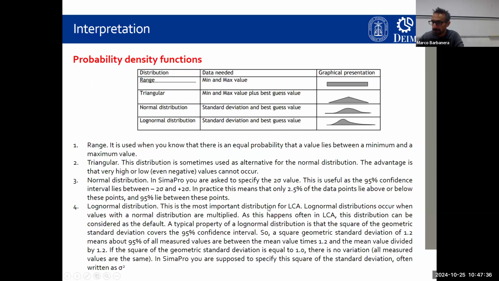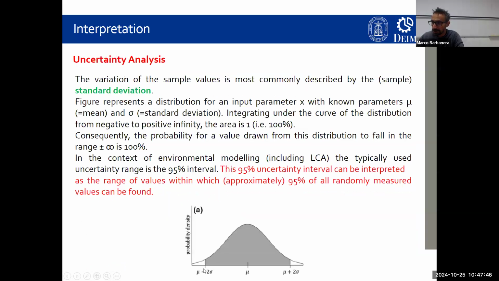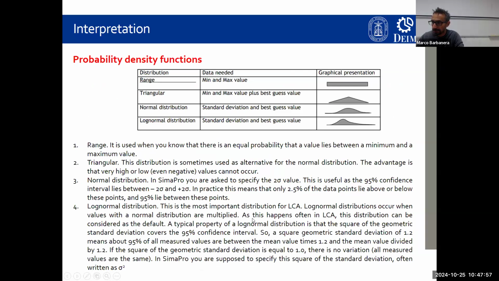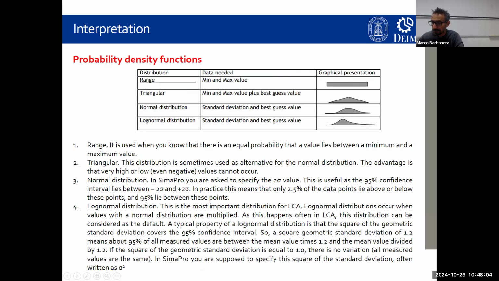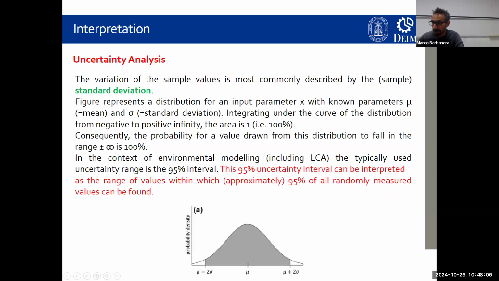In this case, with this kind of log normal distribution, the range in which you have the probability of 95% to find your value for your parameter is defined in a different way. In the normal case, it is the mean value plus or minus 2 times standard deviation.